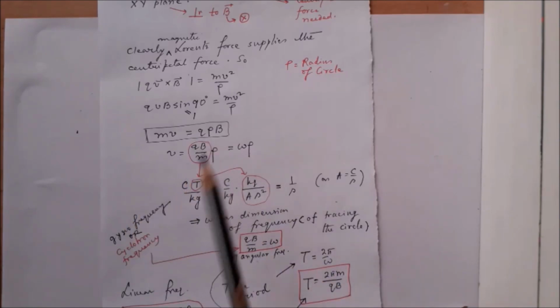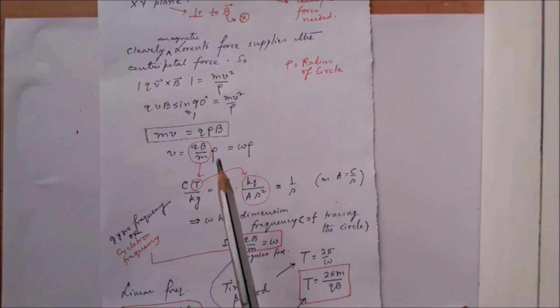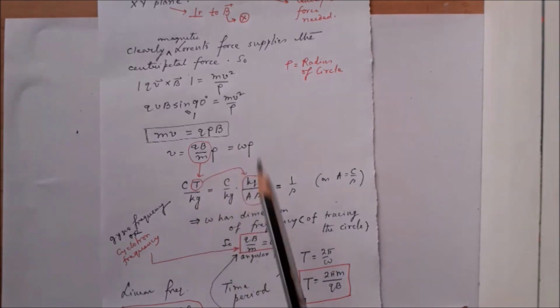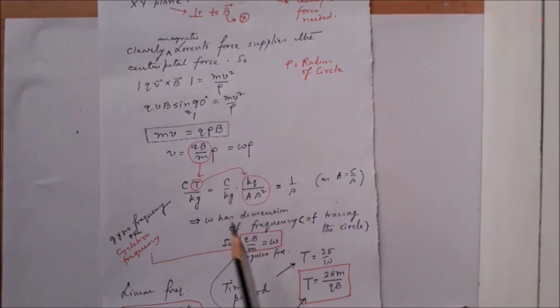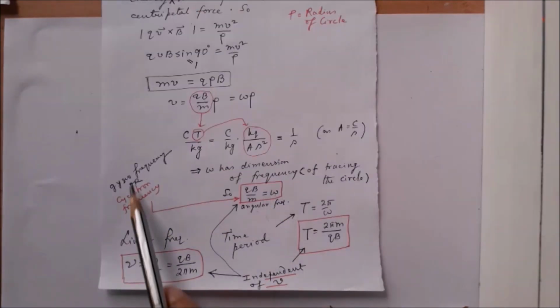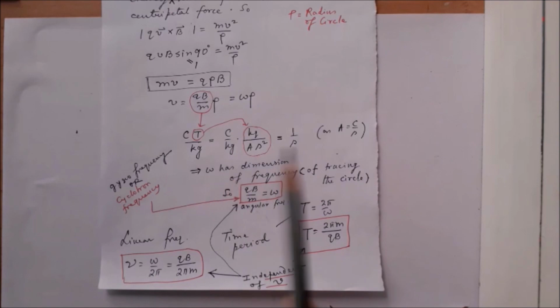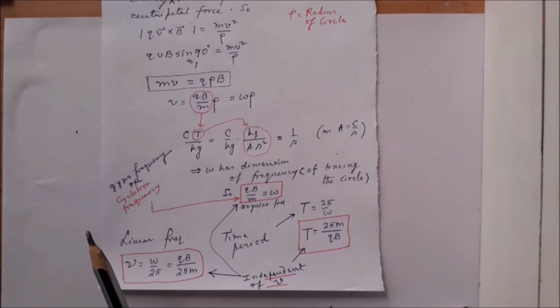It might be a half circle or a full circle or a quarter of a circle, but at least it is a part of a circle. This frequency omega is called cyclotron frequency or gyrofrequency. It is the frequency with which charged particles move in circular tracks in a particle accelerator called cyclotron. We shall discuss cyclotron in a separate lecture.